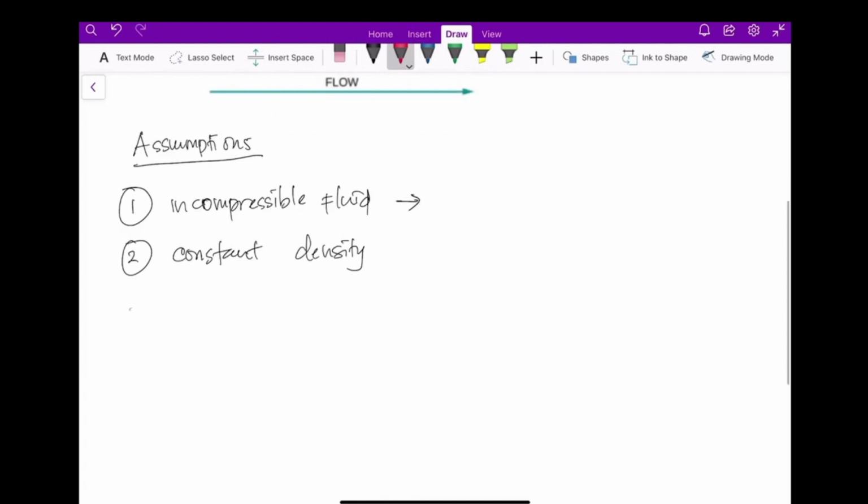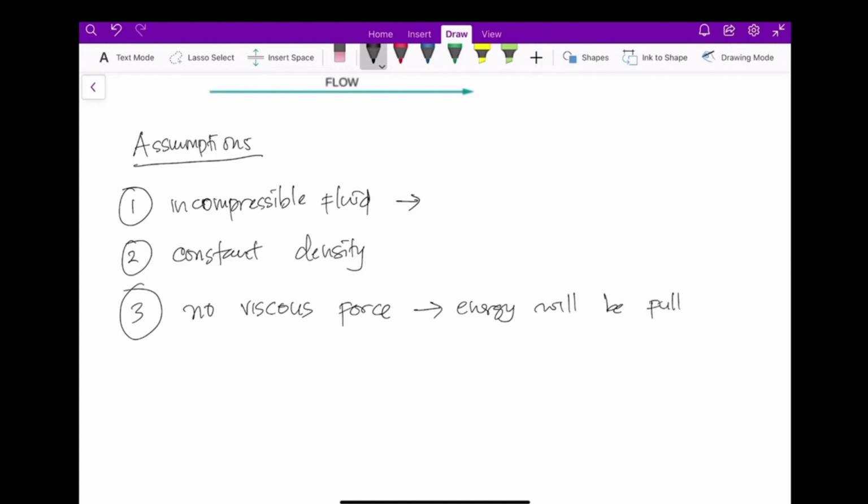And we have the third assumption in order for us to use the Bernoulli equation. We expect that there will be no viscous force. What does it mean? It means that energy will be fully conserved.